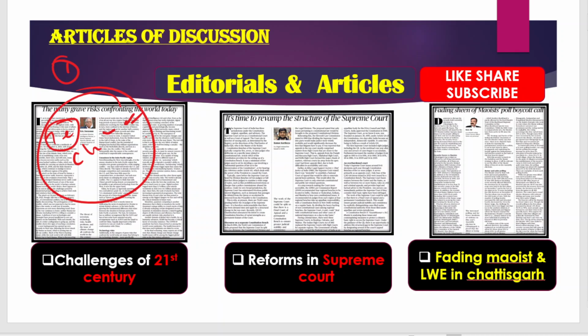But you can observe that not all states have issues related to left wing extremism. These issues are restricted to some states, take an example of Chhattisgarh or some regions of Madhya Pradesh or Jharkhand.